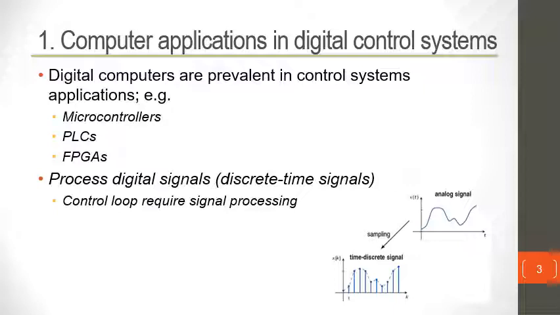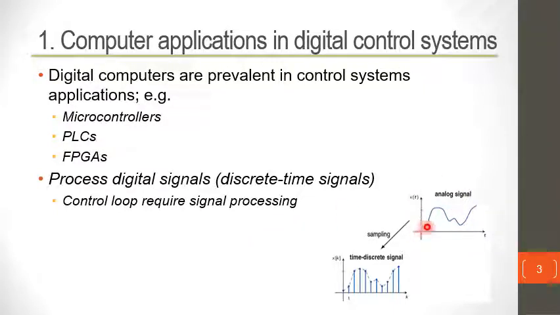Digital computers are distinct from the physical world in the sense that whereas the physical world is full of analog signals, digital computer systems process digital signals, or what you call discrete time signals. By that we mean a discrete time signal is a signal that has been sampled at specific points of time or at a specific interval.